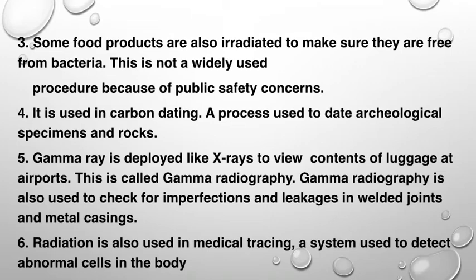Carbon dating is a process that is used to date archeological specimens and rocks. We know that every specimen, every rock, every plant has carbon deposits on it. So under carbon dating, the amount of carbon remaining on it is calculated, and then knowing the decay rate of carbon, we can deduce how long it would have taken for this amount of carbon to be deposited on this material.